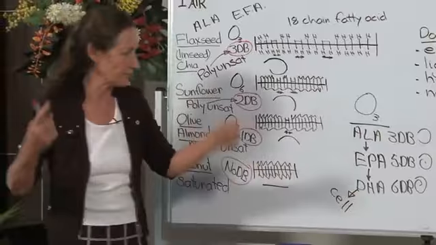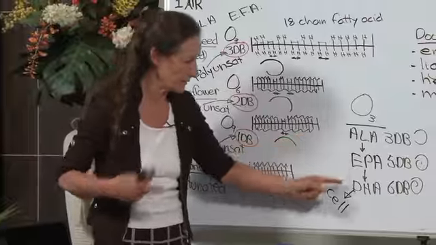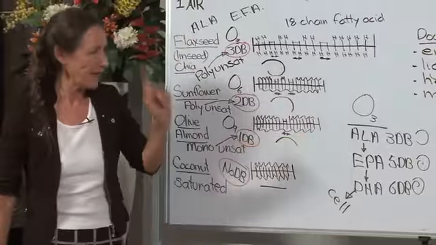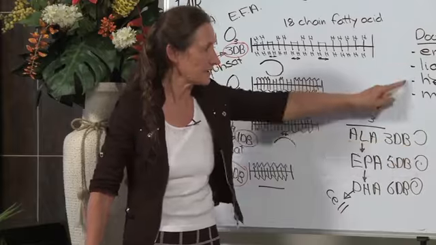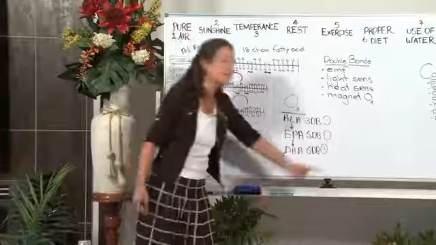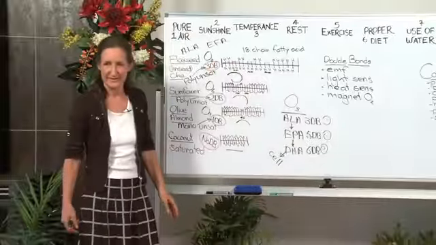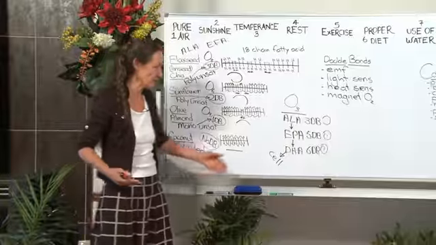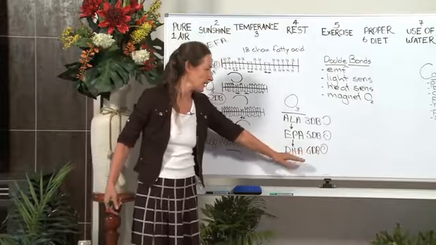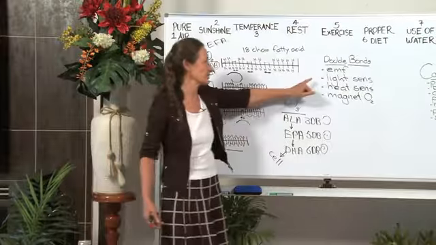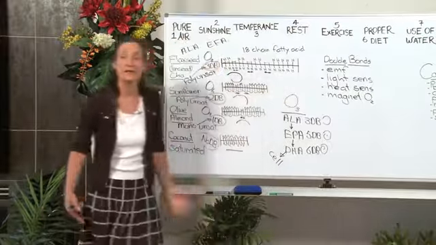You don't have to wait for the body to convert this to this to this. But if 3 double bonds is sensitive to light, heat and oxygen, how sensitive is 6 double bonds? And I question the ability to extract the DHA and not have it exposed to light, heat and oxygen and thus destroyed.